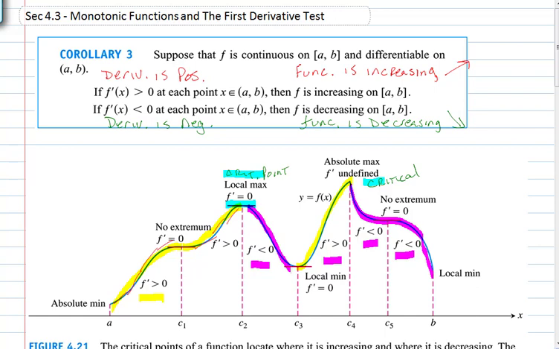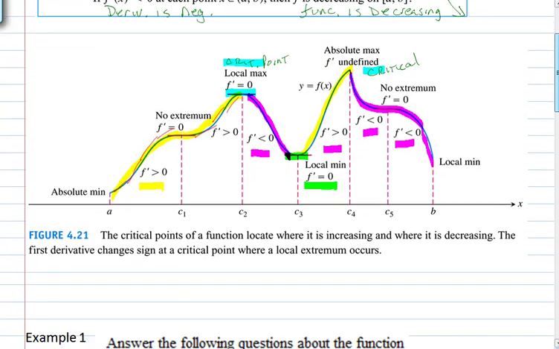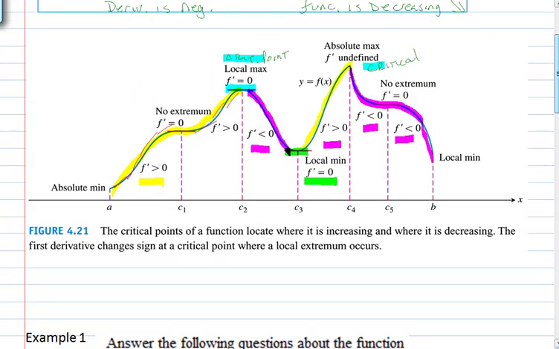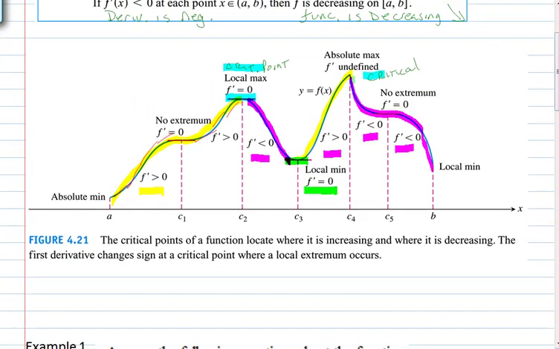Right here, if we go from negative to positive, then the function has a local minimum. Okay, right here. All right, so why is it undefined for that? This is undefined right here because we have a corner. Remember, the derivative does not exist at the corners, at sharp corners. Okay?